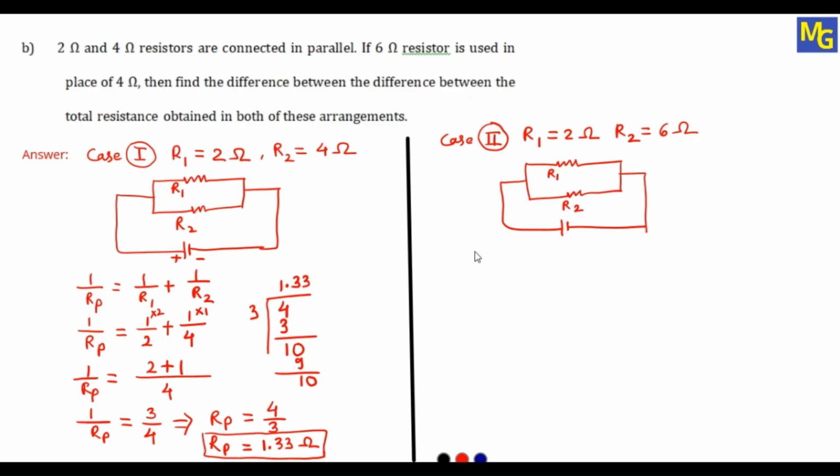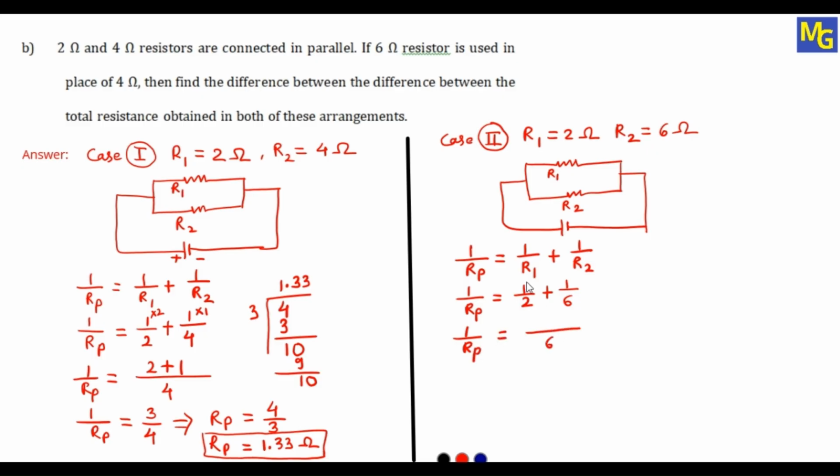We have to find out the total resistance. The formula is 1 by Rp is equals to 1 by R1 plus 1 by R2. Now substitute the values. R1 is 2, so 1 by 2 plus, R2 is here 6, 1 by 6. Take the LCM of the denominators. LCM will be 6.